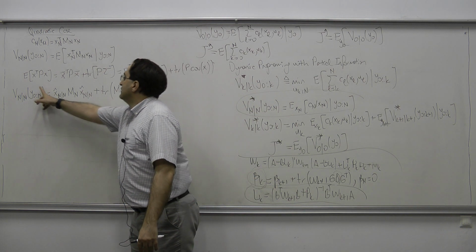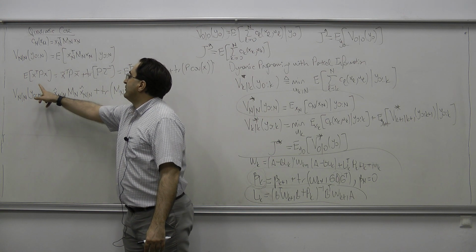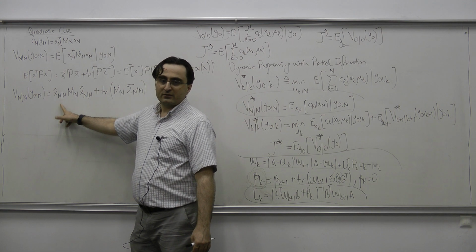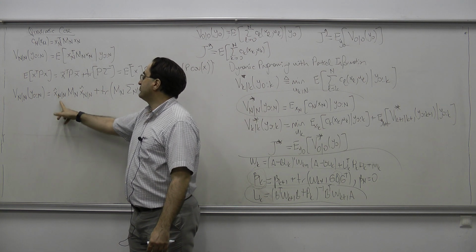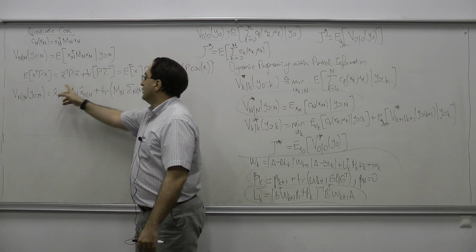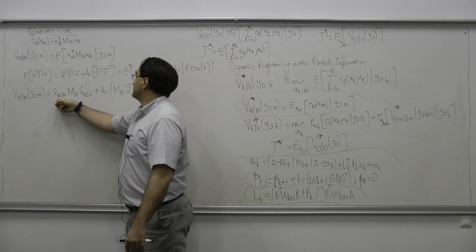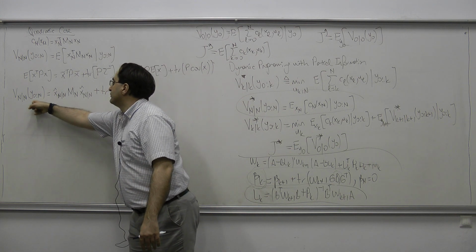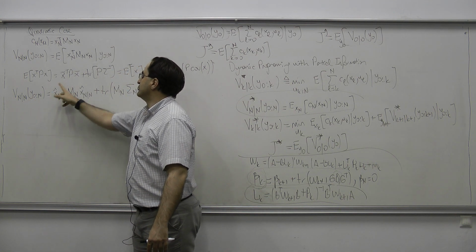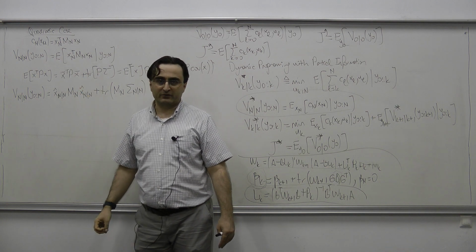Okay? So Vn given n is a function of y0n through these estimates. Okay? These estimates are a function of the current and the previous measurements. So as a result, the right-hand side is still a function of y0n, but that dependence appears in the form of Kalman filter estimates. Okay?